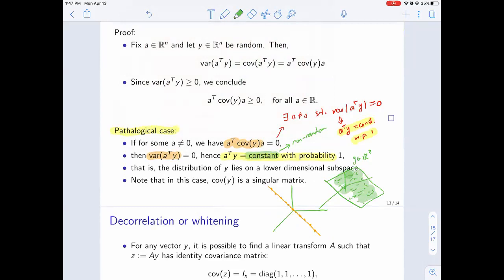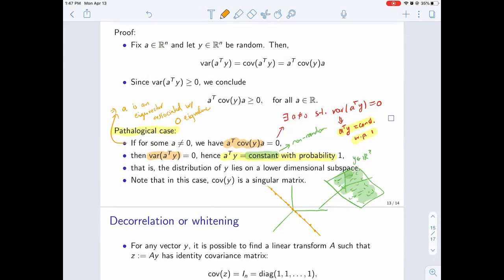So if this case doesn't happen, then your covariance is positive definite. And if this case happens, because this is 0, then you can verify that this implies that A is an eigenvector associated with 0 eigenvalue.